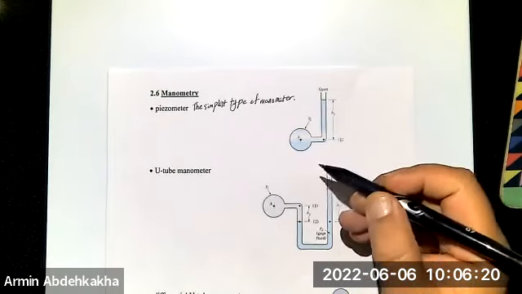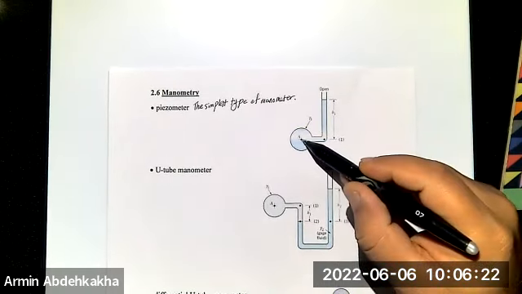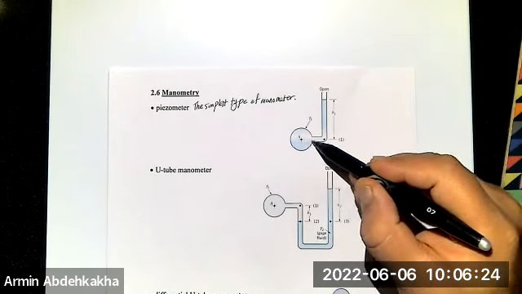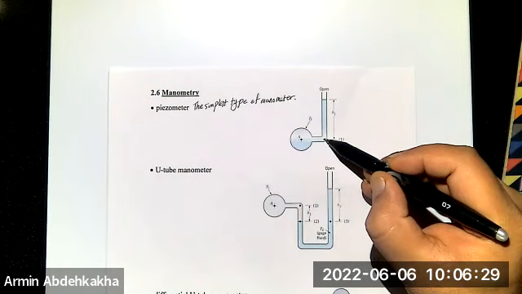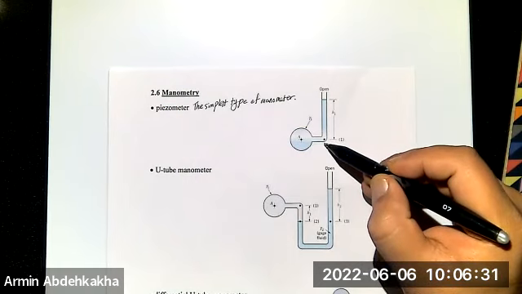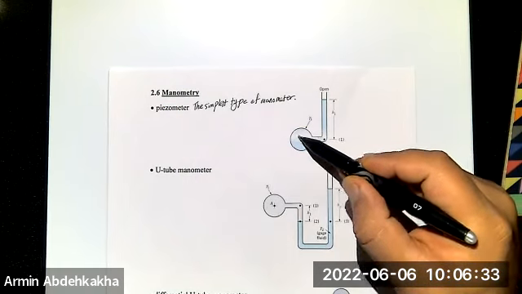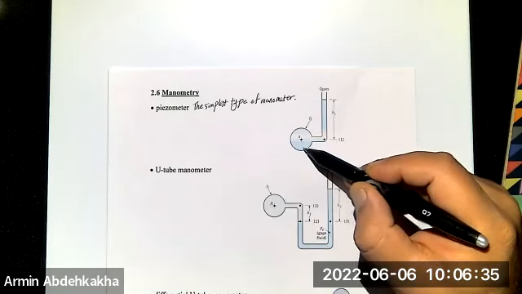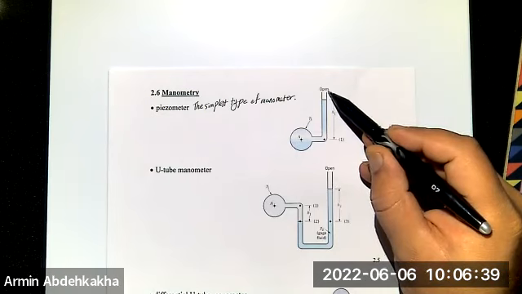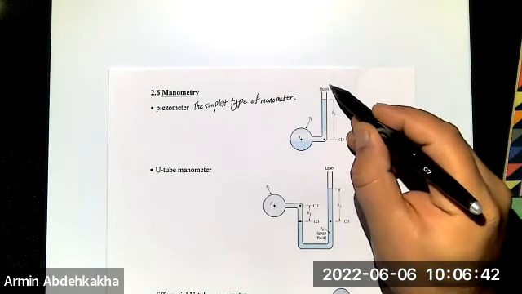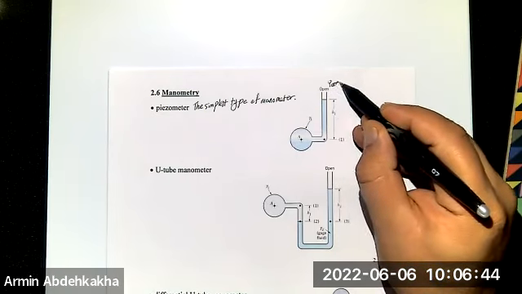The piezometer has only a container with a fluid, all the same type, and then a vertical tube. The container has a pressure here, and you have an open top, open to the atmospheric pressure, right?